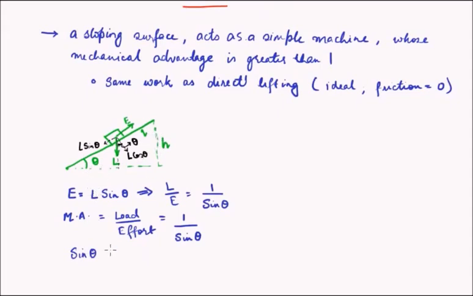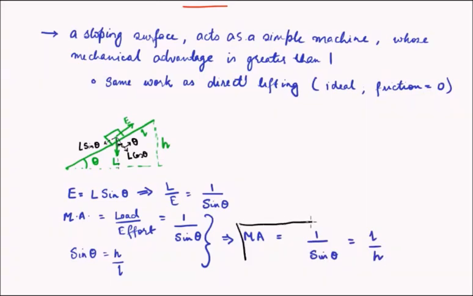So opposite side is h upon hypotenuse is the length of the plane, that is L. This two together implies that mechanical advantage is 1 upon sine of theta, which is equal to L upon h. So the mechanical advantage is the length of incline upon the height to be attained.